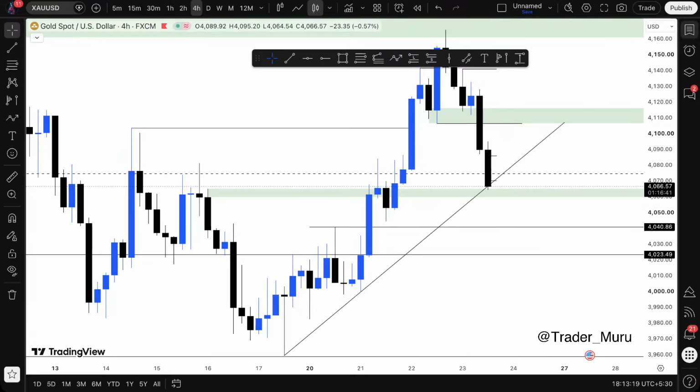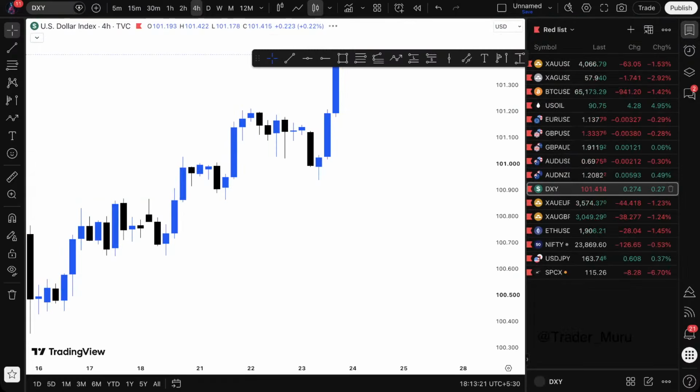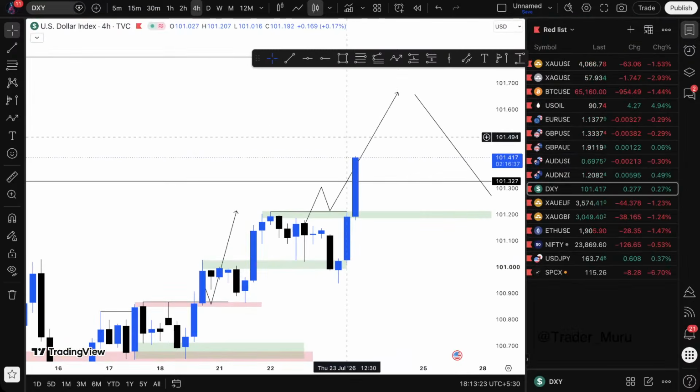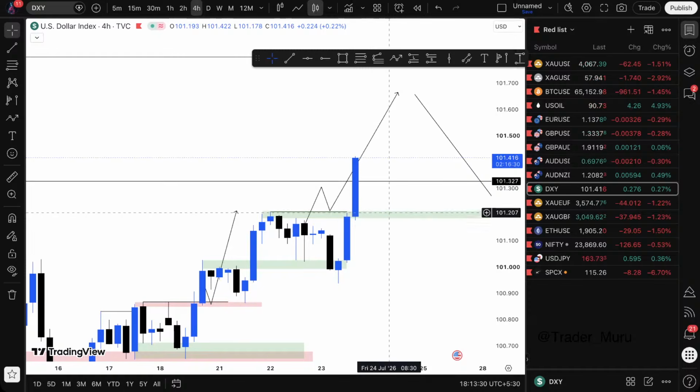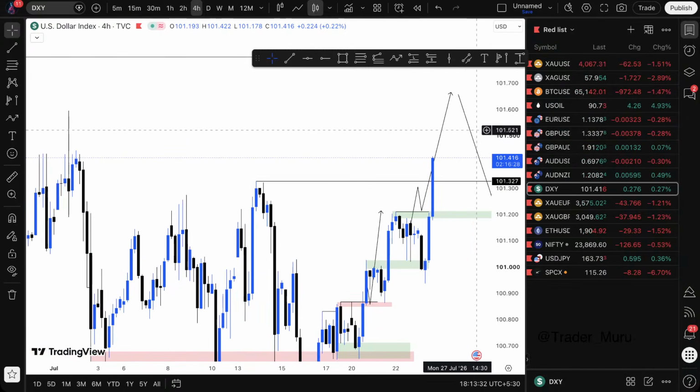DXY rising. Yes, it is. You just need candle closing. On second candle, you can watch for retest. Then after continuation.